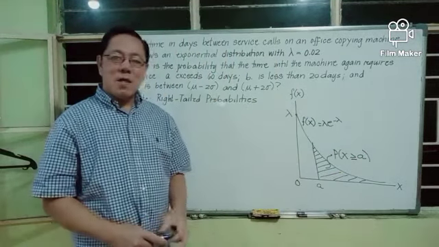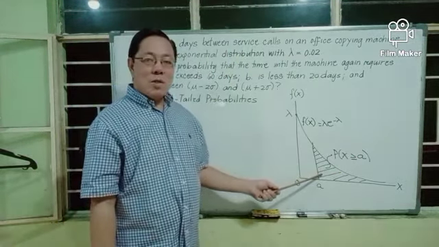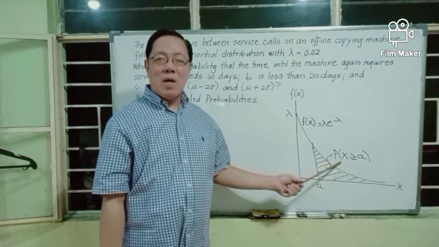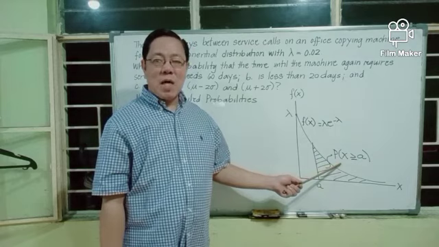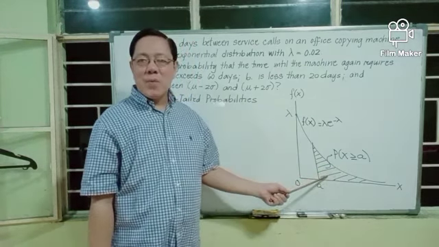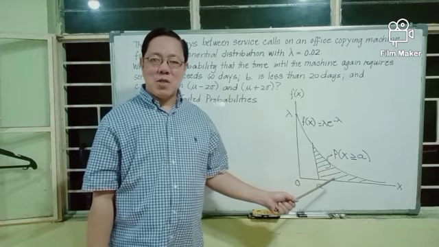And this shaded region gives the probability that x, the value of the exponential random variable, is greater than or equal to a, and we will find this area using definite integration.